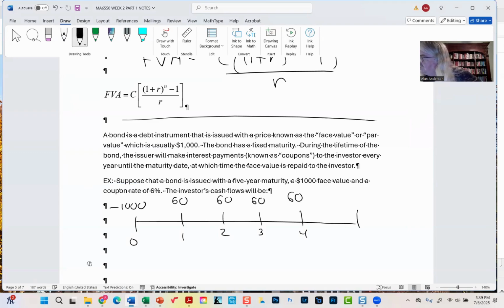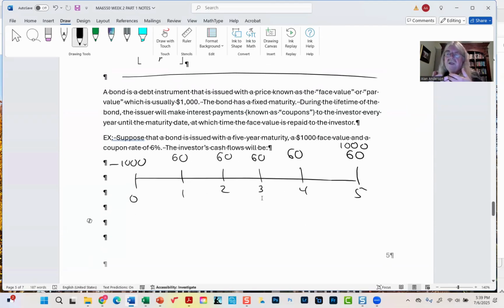But in the last year, we get not only our $60 coupon, but we also get our face value back. So those are the cash flows that would be paid and received by the investor in this bond. And by the way, if you see how well organized these cash flows are, they're very predictable.